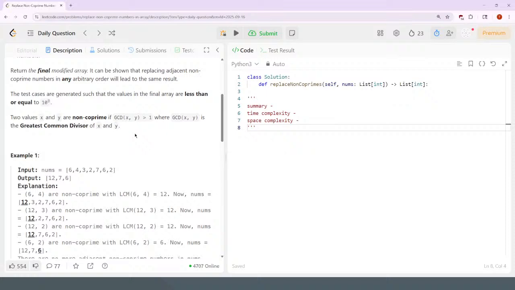I wonder if I can do least common multiple between every two consecutive numbers and check to see if it's not equal to that product. If it isn't equal to that product, then replace it. Least common multiple.